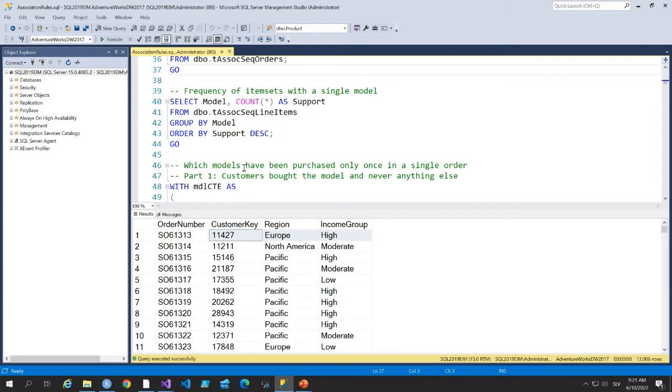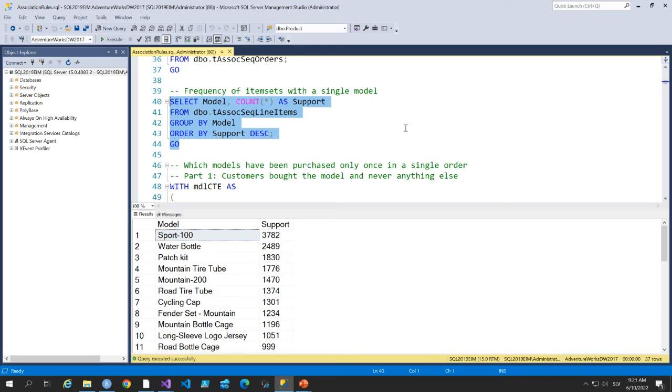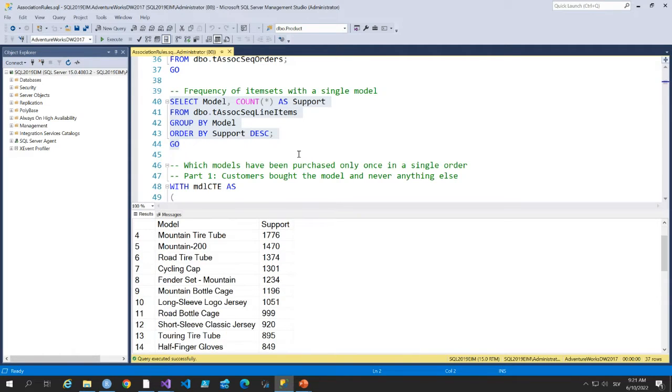We can start with the simplest query, frequencies of item sets with a single model. This is basically just a count of the models in these line items. So apparently the most purchased product is Sport-100, then water bottle, patch kit, and so on. So water bottle is pretty popular.